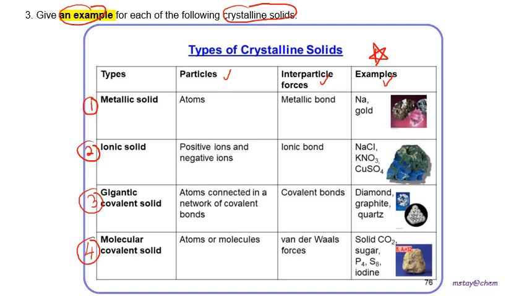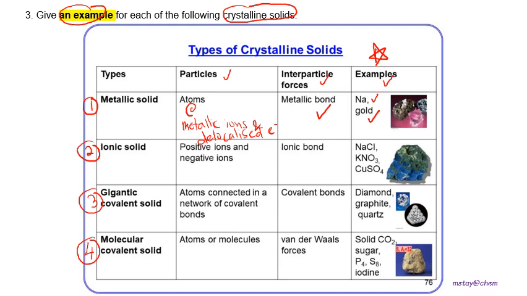Okay, so metallic solids are in atoms, or we can say that they are metal ions and delocalized electrons. That's why this is the definition for the metallic bond. Examples are sodium and gold. Second one is the ionic solid.